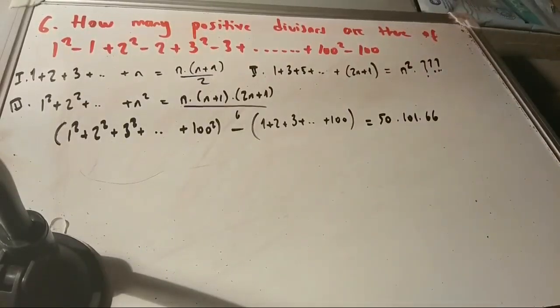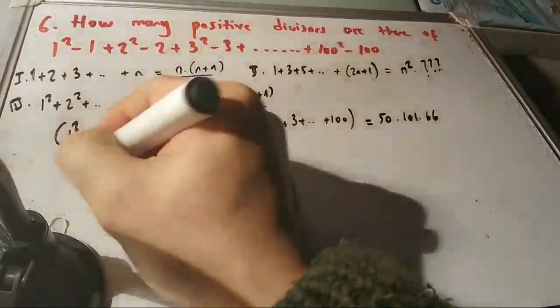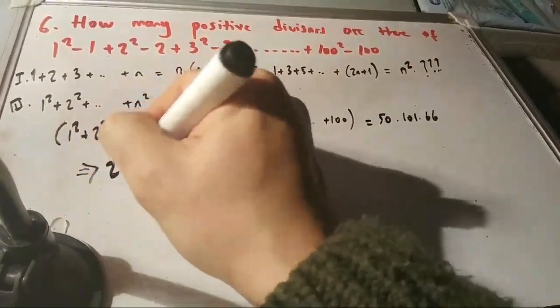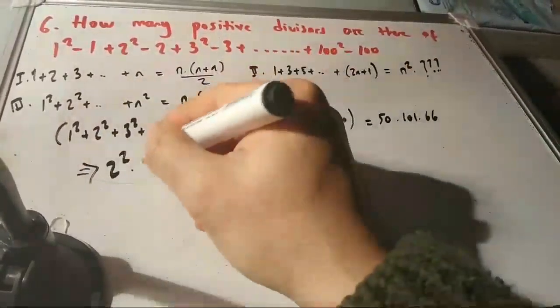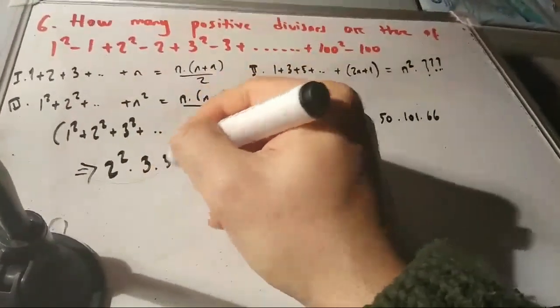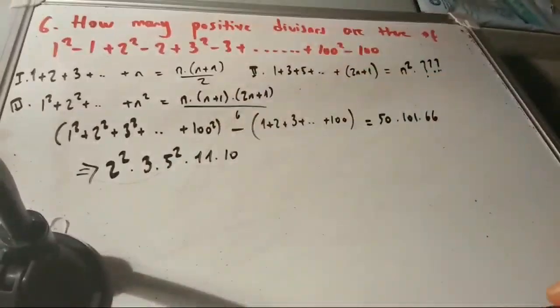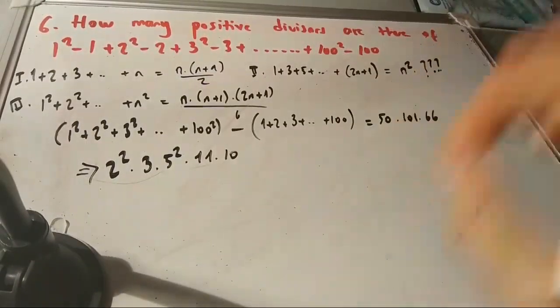So when we find the prime factorization, it will be 2 squared times 3 times 5 squared times 11 times 101. To find the number of positive divisors, all we need to do is add 1 to each power.